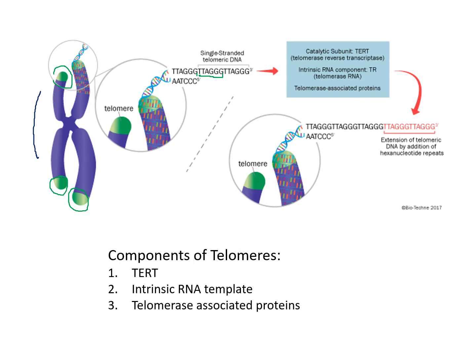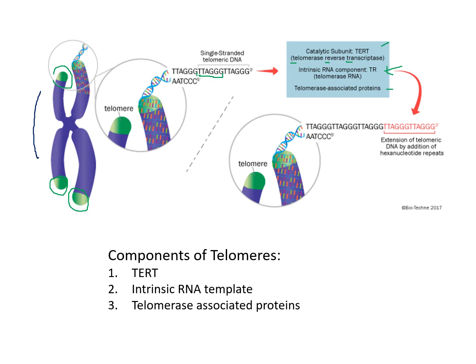The proteins that interact with telomeres are TERT, and then there are some proteins associated with that called telomerase-associated proteins. TERT is a reverse transcriptase, so that's telomerase reverse transcriptase. And telomerase also has a special little friend in it that is a little piece of RNA.